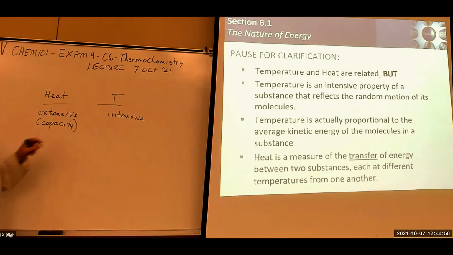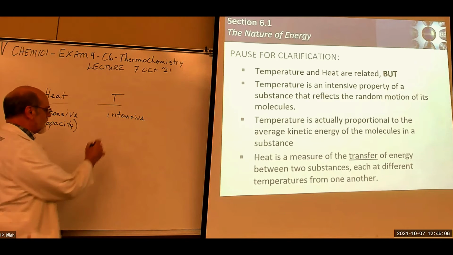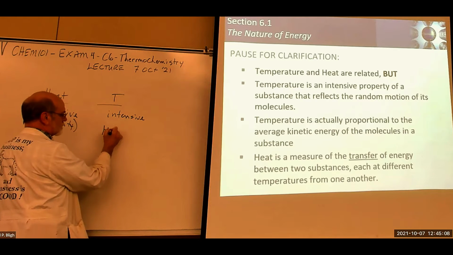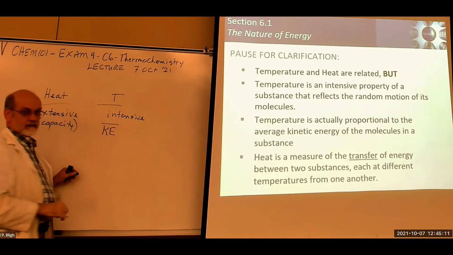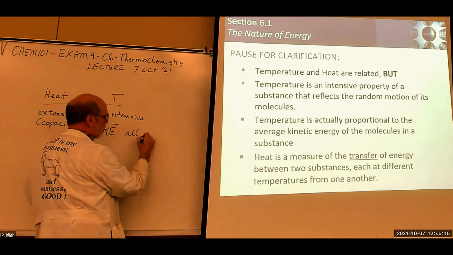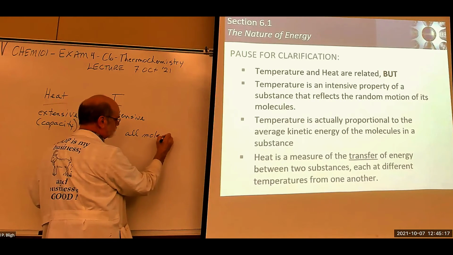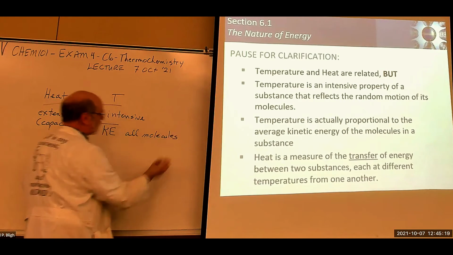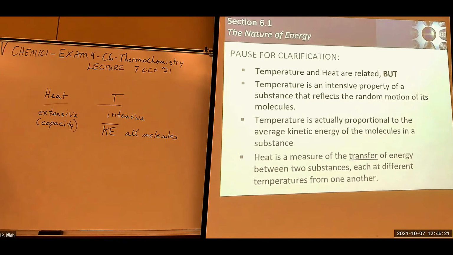The other is temperature is you're measuring the state of the object right now. And what you're actually measuring is the average kinetic energy of all the molecules. That's what temperature is doing. It's measuring that value.